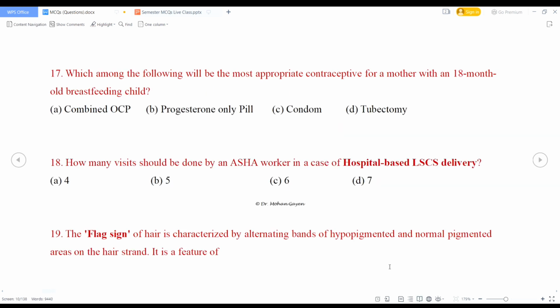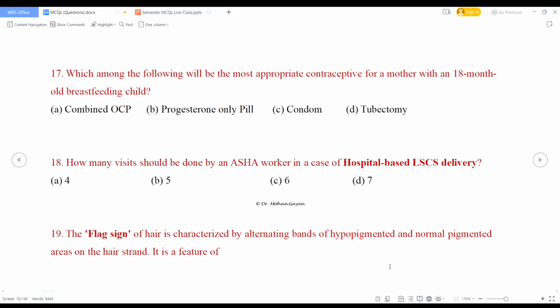Next question. Which among the following will be the most appropriate contraceptive for a mother with an 18 months old breastfeeding child? Combined OCP, progesterone only pill, condom, tubectomy. So most appropriate will be combined OCP.